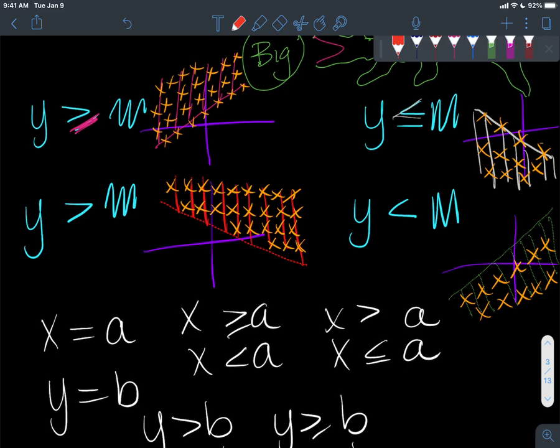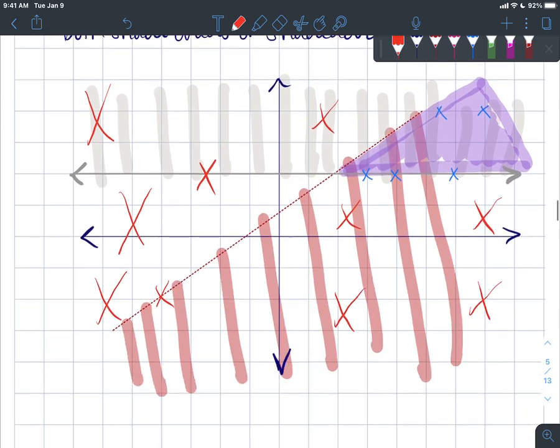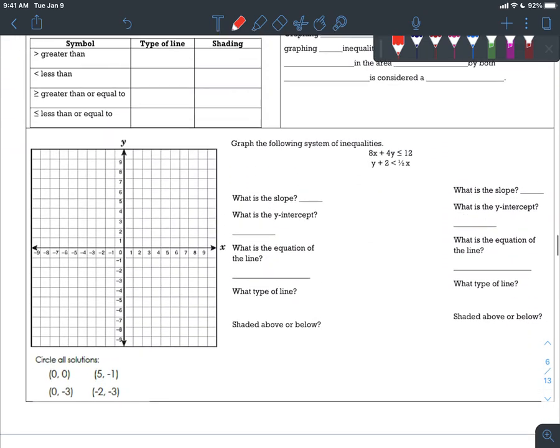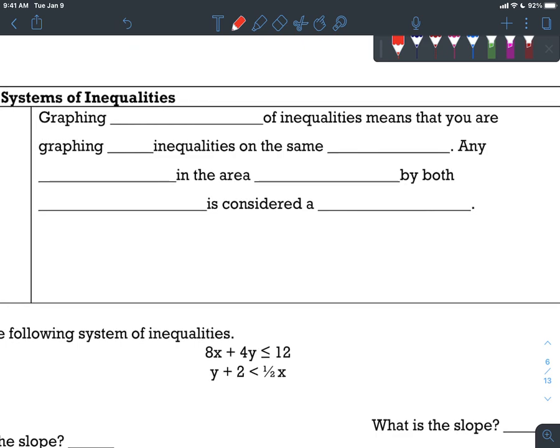All right, so now that we understand how to do that, let's go ahead and get a jump start on our notes. So, graphing systems of inequalities means that you are graphing two inequalities on the same graph.